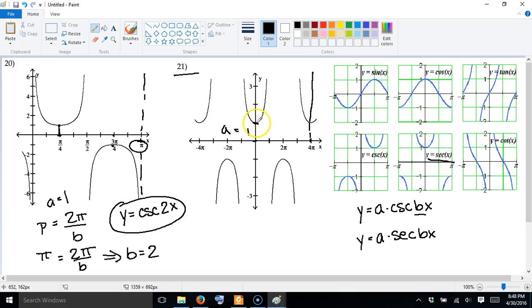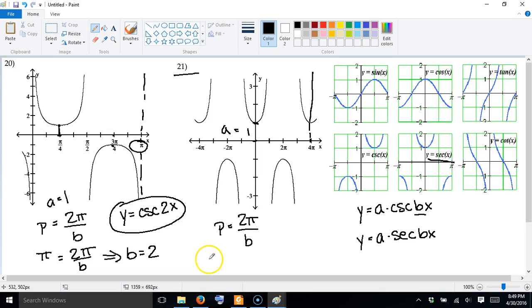See how we have this portion of the graph, this portion, and then that, and then it keeps repeating itself over and over at that point. Oh, sorry, we need to find b. Period equals 2 pi over b.